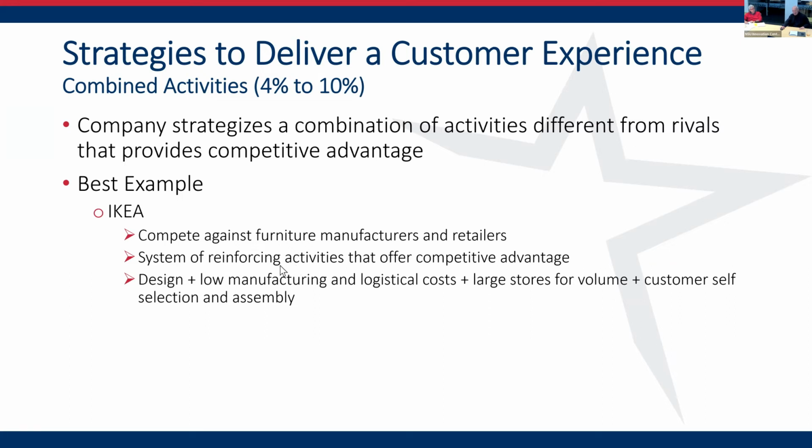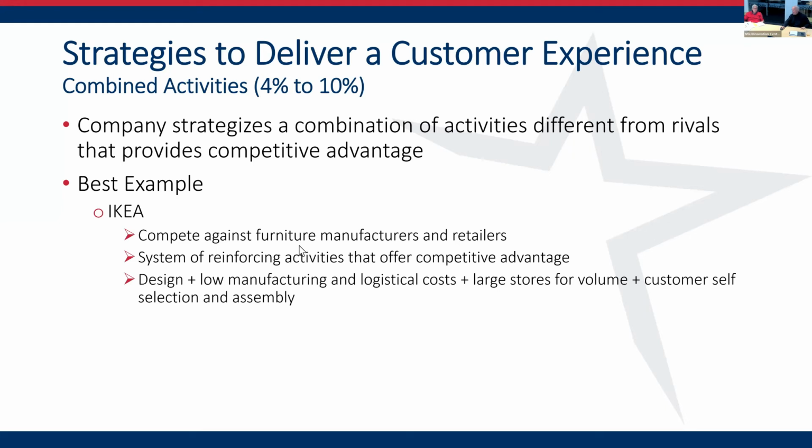They gained economies of scale by having very, very large stores centrally located, first over in Europe and then in the US. And then they have a nice reinforcement of activities that allow them to deliver well-designed furniture at a lower cost that you put together.